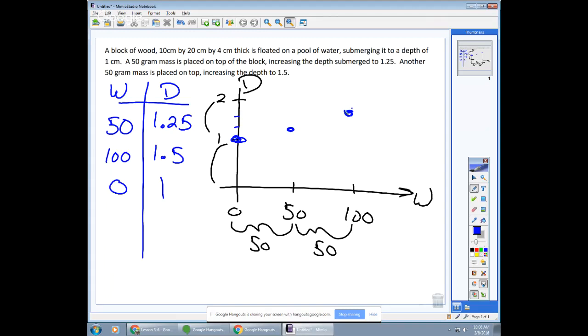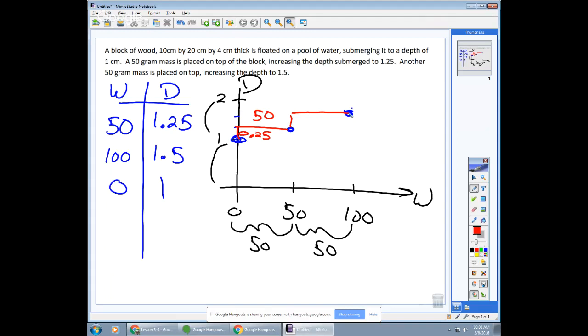So just looking at these points, we can kind of guess a rise over run. So what's the rise and run between the first pair of points? Goes up 1/4 and over 50. What about the next pair of points?